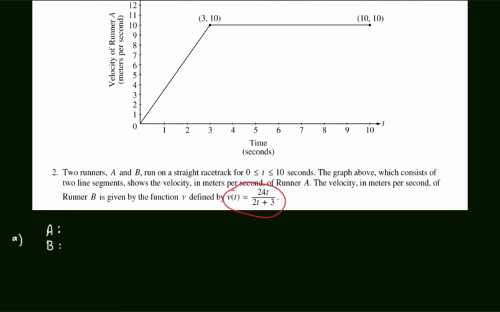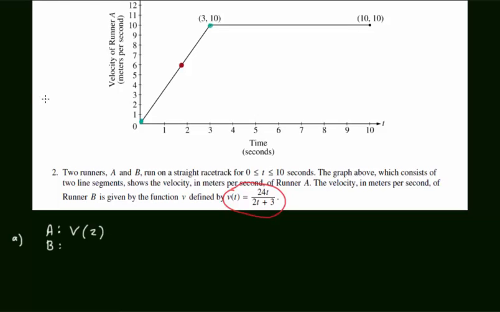Question A wants to know what is the velocity of each runner at time 2. So, for runner A, the velocity at time 2, well, we need our graph in order to get this. At time 2, I literally just want to know what this point on the graph is. In order to do that, I must first come up with an equation for this line segment that starts here and ends here. That should be a simple equation: y equals mx plus b.